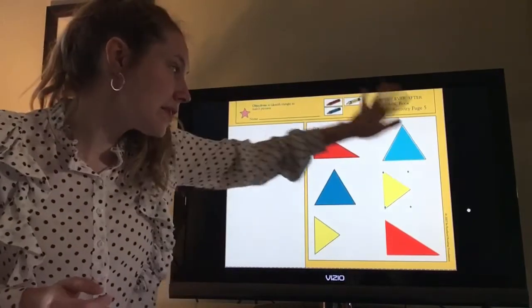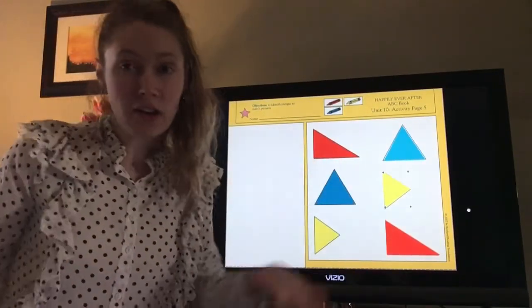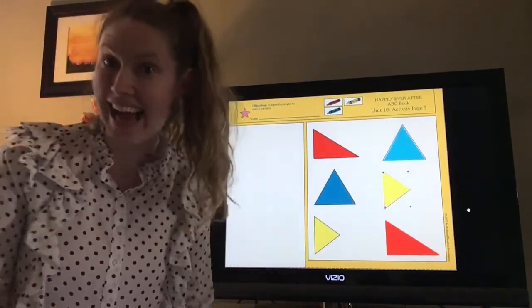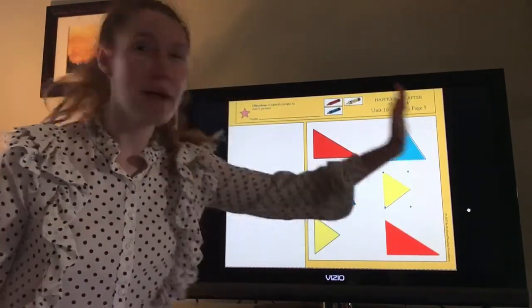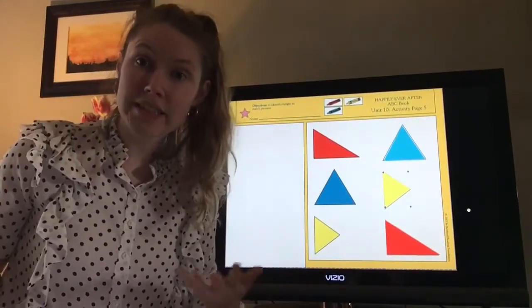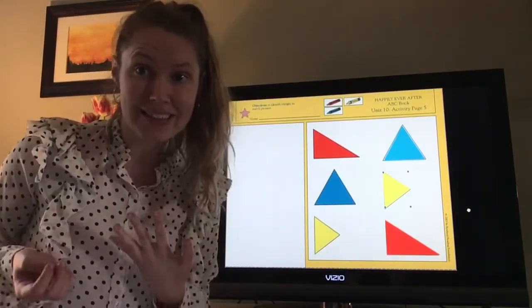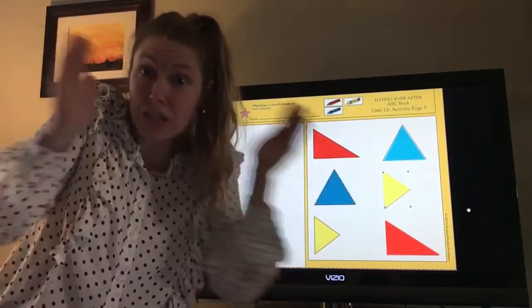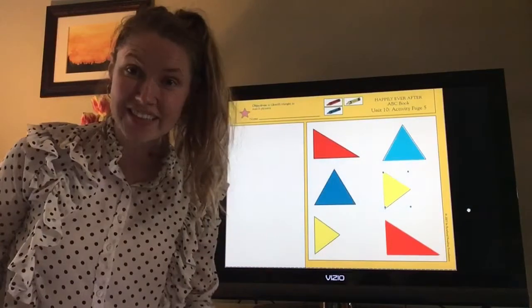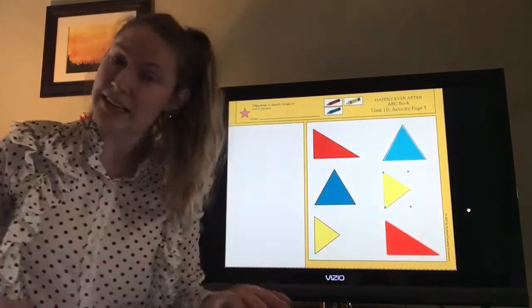So even though these were all triangles, they all looked a little bit different. And we found which ones matched exactly. So all of them match in that they're all triangles, but we were able to figure out what types of triangles matched. Some of them were a little bit longer, a little bit smaller, a little bit taller. So good job finding the matches. Let's go ahead and move on to activity page 6.